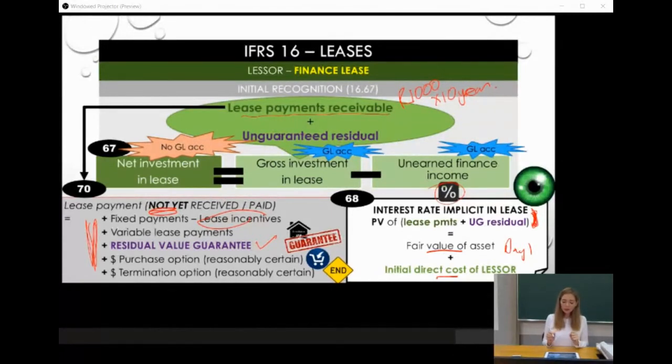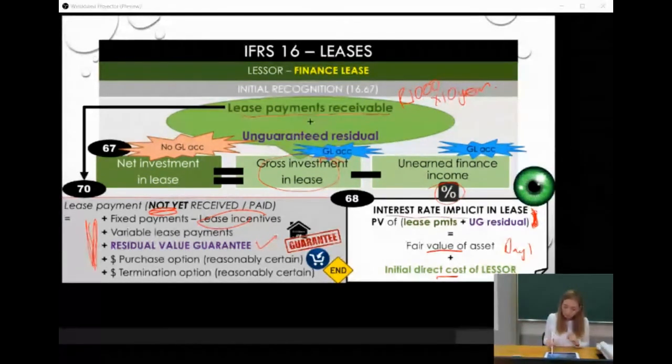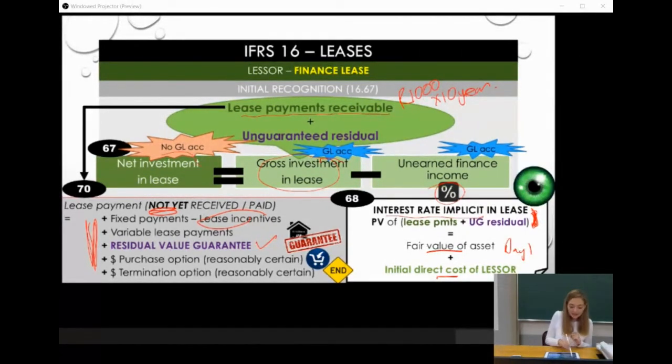Okay, so we're going to use the gross investment in the lease. Then we're going to use the interest rate implicit in the lease to calculate what our net investment should be. And then the difference between these two is just going to be my total unearned finance income. Okay, and again, these little black circles here, that's the paragraph number.